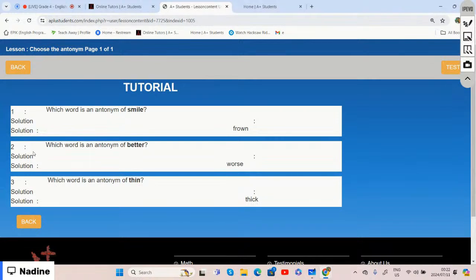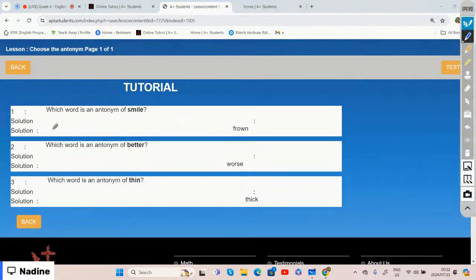So here they say, which word is an antonym of smile? Right? So the word that's the antonym of smile. It's either you are smiling, or we can say that you frown. It's either I'm smiling at someone, or frowning at someone, you know?